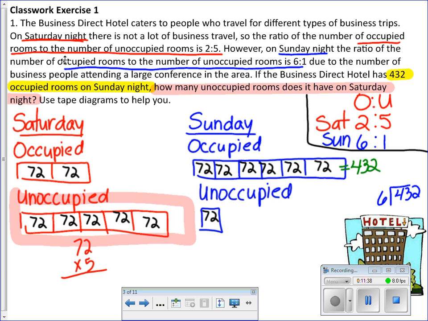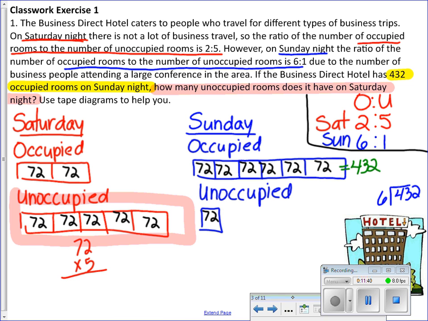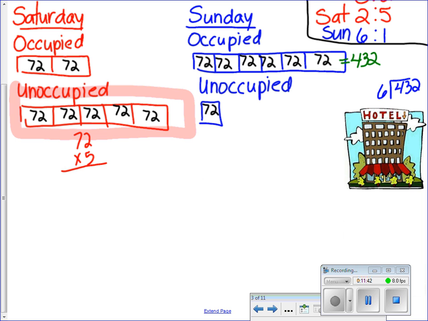There's 360 occupied rooms on Saturday night. I love how you said it in a full, complete sentence. There are, what is the total? 260? 360.